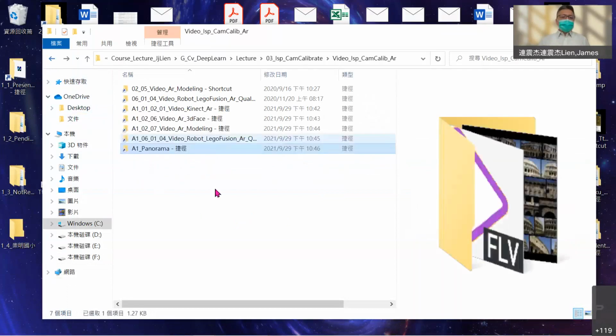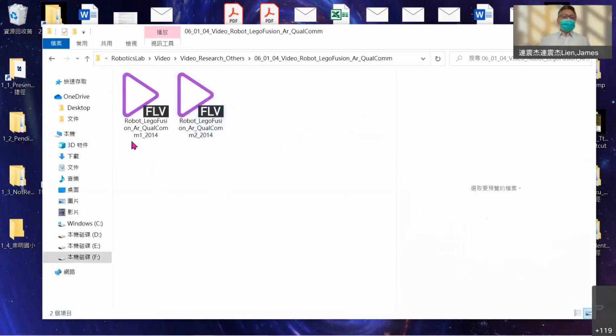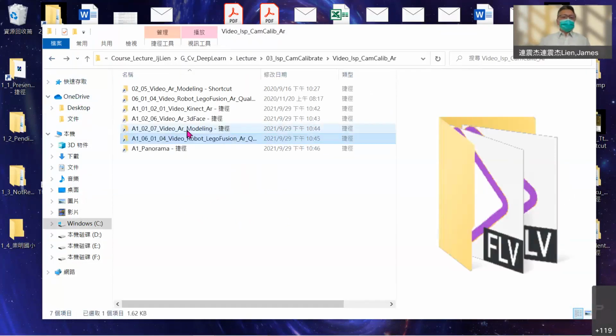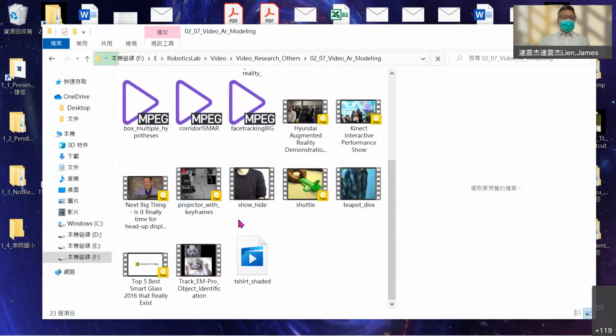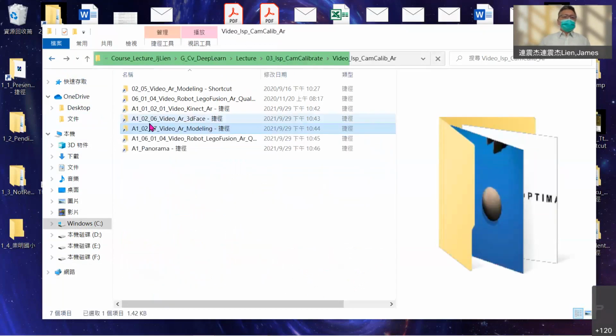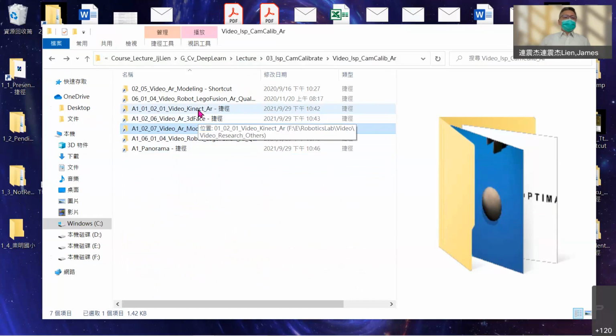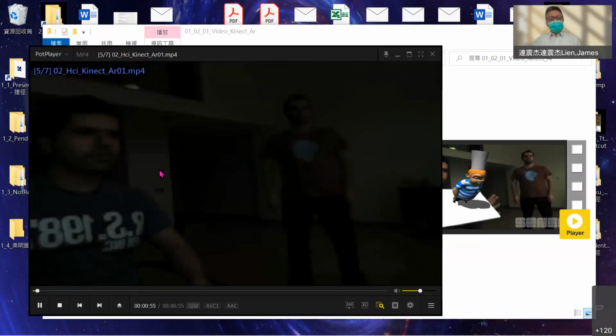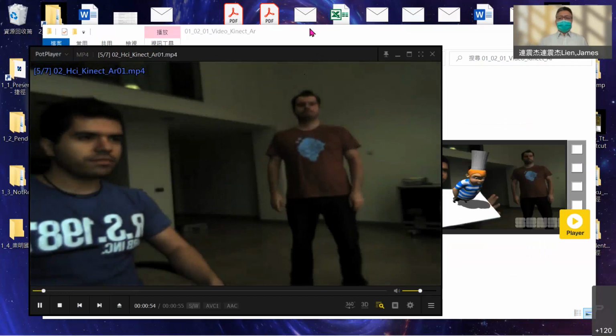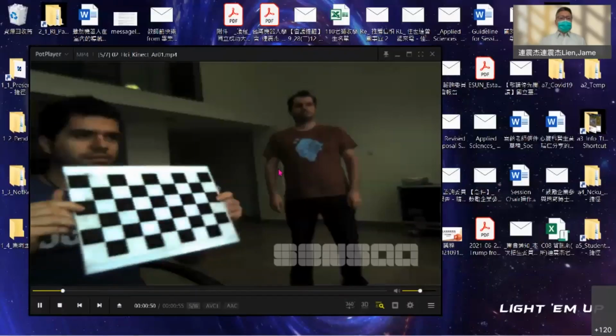The other useful one is AR. In your homework, I will teach you AR. Let me check. This one. We'll teach you something like this one. Chessboard.